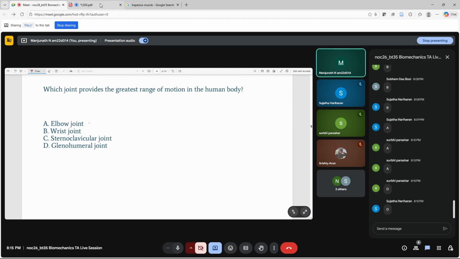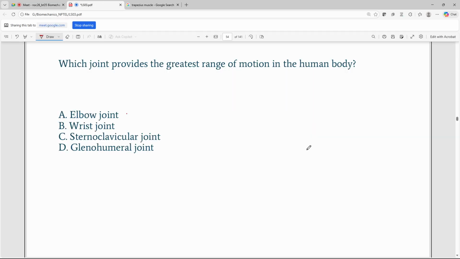If you think of the portion of the body which you can move in a lot of degrees of motion, or which joint or which part of the body has greatest degrees of freedom, then it's easy for you to answer the question. So which joint provides the greatest range of motion for a human body?